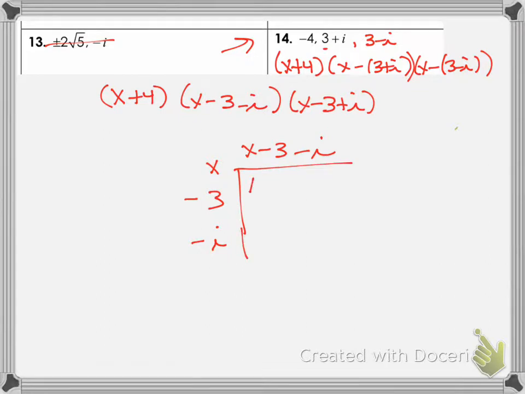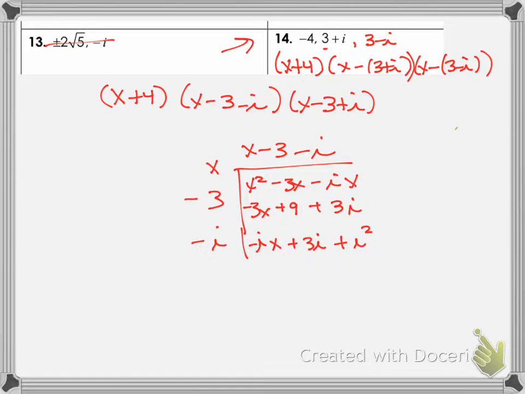So you get x squared minus 3x minus ix minus 3x plus 9 minus 3i, sorry, negative ix plus 3i plus i squared. And that's going to be negative 1, right?